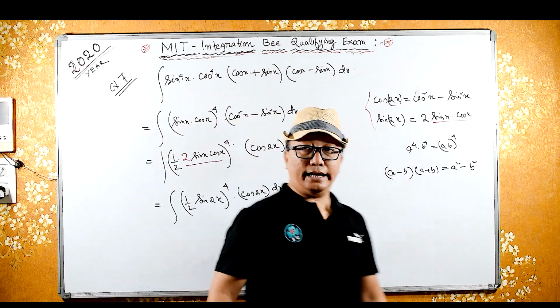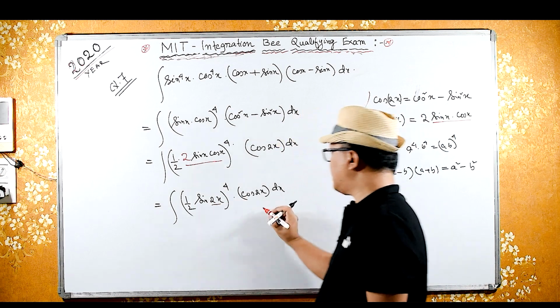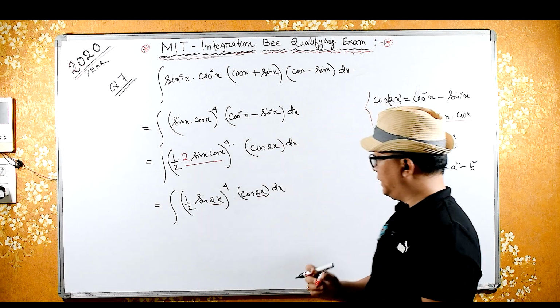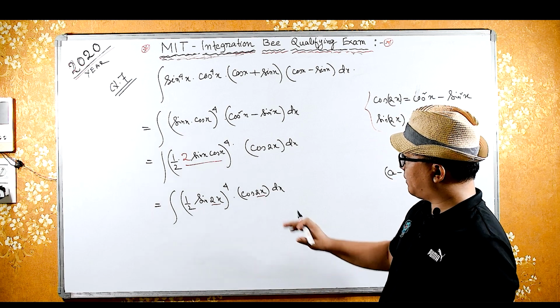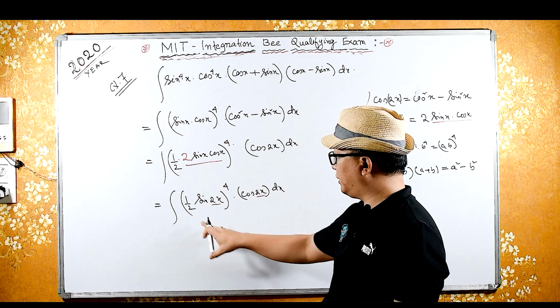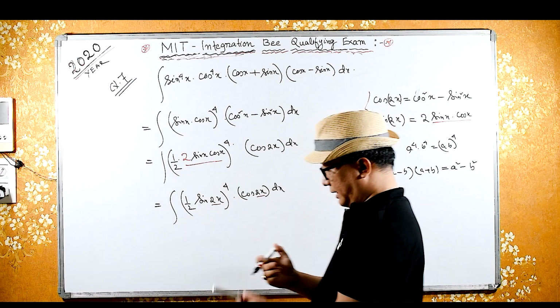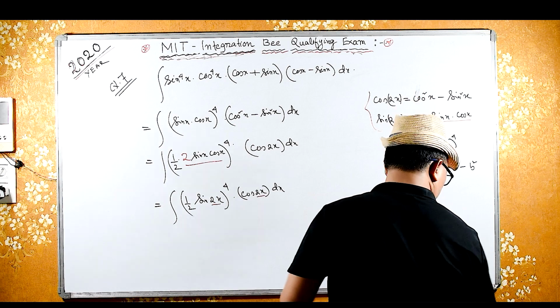Now look at here. The angles are the same. The sine angle is twice x, and the cos angle is twice x. Now you can substitute the highest power, which is 4. Let's try to substitute this term as u and see what comes.